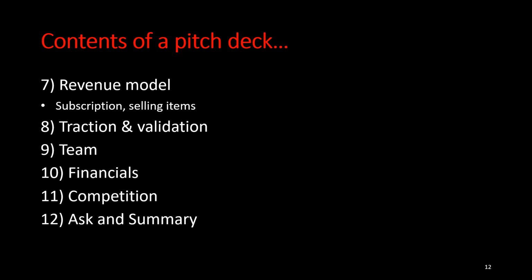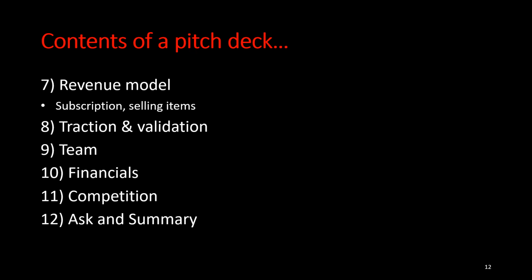So with the traction, this is where you will share with us the number of customers if you already have them, but also the number of people who are ready to pay for your service, and the number of people who are waiting for your service, in the case of a product or service that is not already in the market.